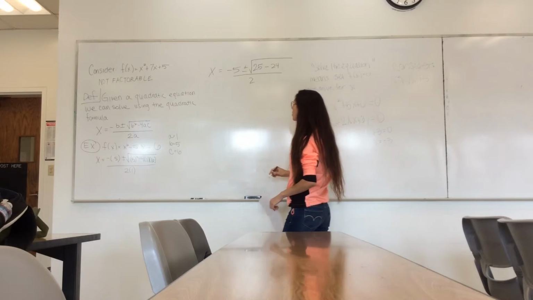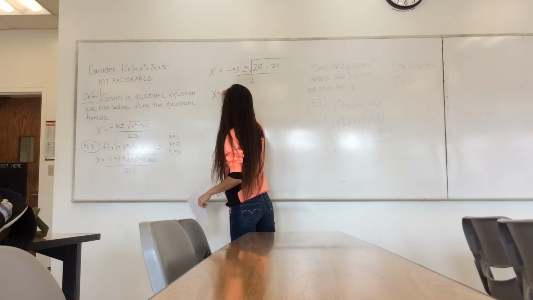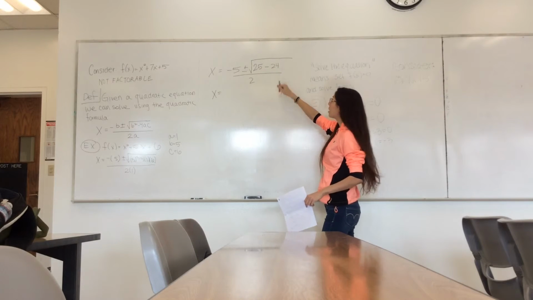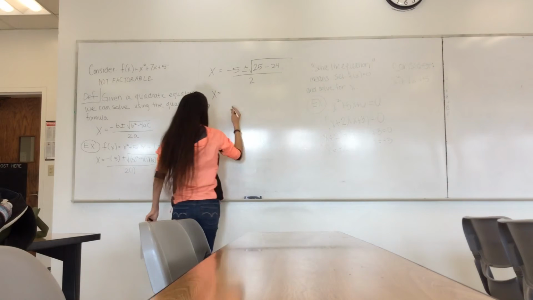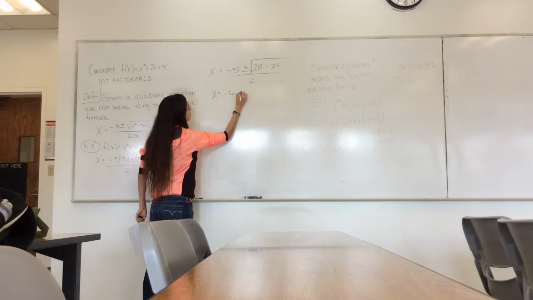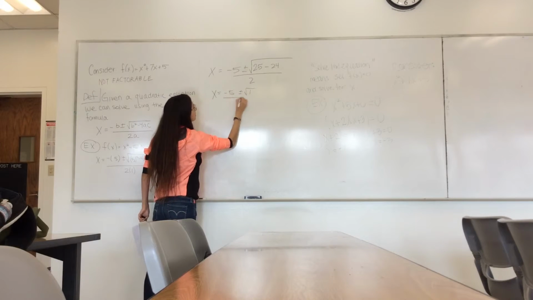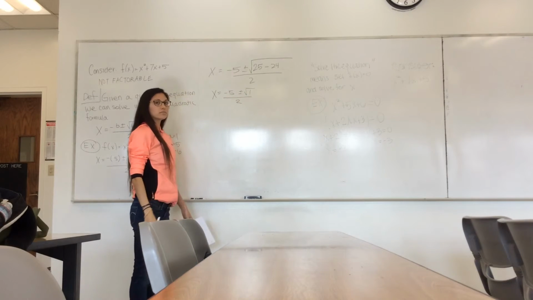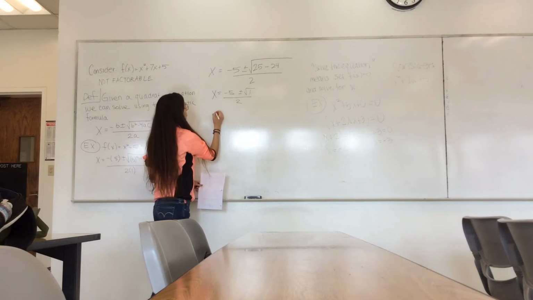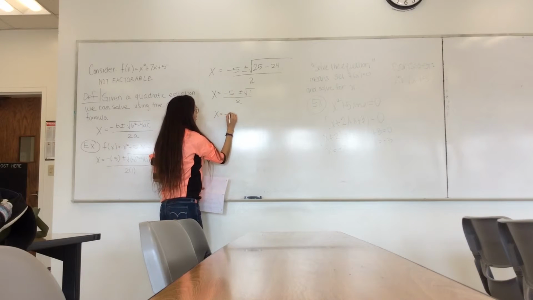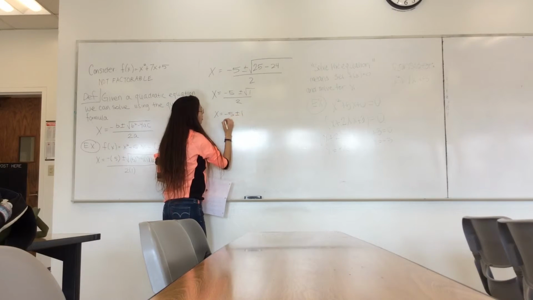Okay, so what's under the square root? It's 1. 25 minus 24 is 1. So we have x is equal to -5 plus or minus the square root of 1 over 2. Square root of 1 is 1. So then we have x is equal to -5 plus or minus 1 all over 2.